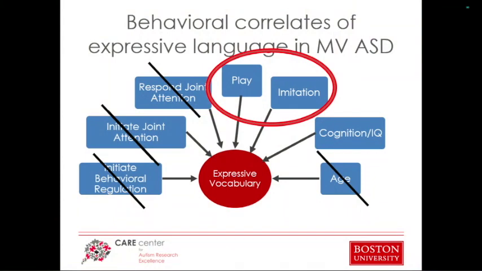Play and imitation were strong predictors, as was intellectual ability, cognitive level. But we found that even when you controlled for cognitive level, play and imitation were two predictors of how much language they did have.